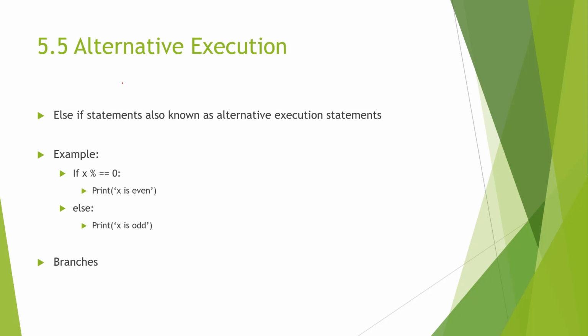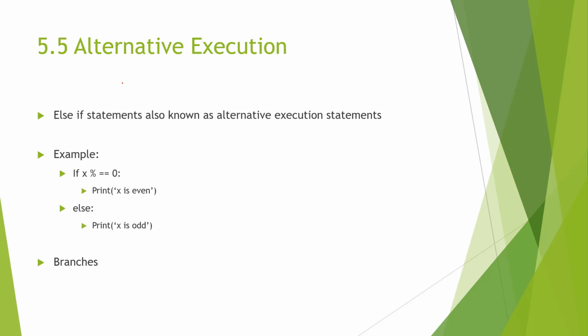Alternate execution, again going back to those ifs, is where we can do if or something else. So you'll start seeing here we have if-else statements. An if-else statement is also known as an alternative execution, and that is essentially if one statement, do this. Well, the do this is actually known as a branch.